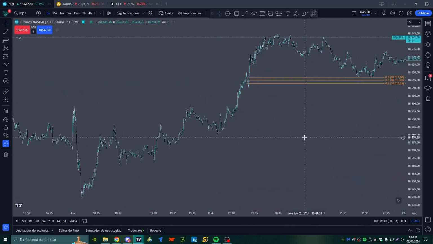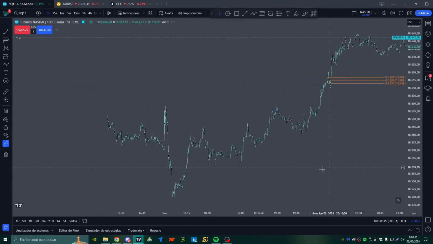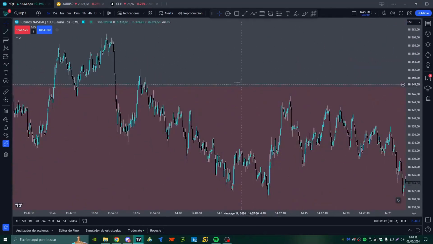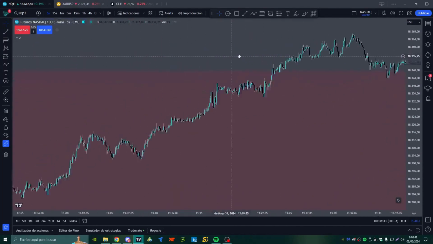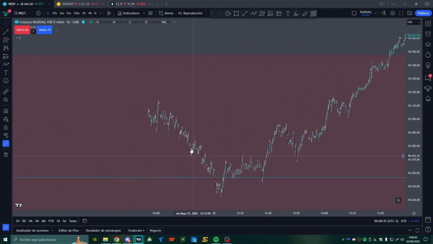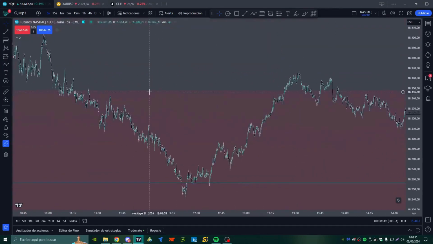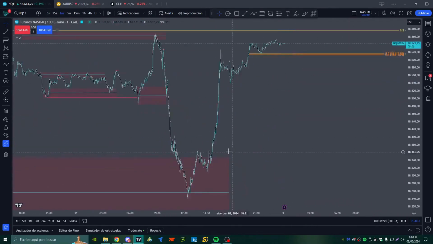Well, here it's a mess, because it's the Asian session in the Nasdaq and there's low volume, but basically, we operate these 5 seconds for executions and 1 minute for our structural guide. This is because as I said, it is a fractal system.